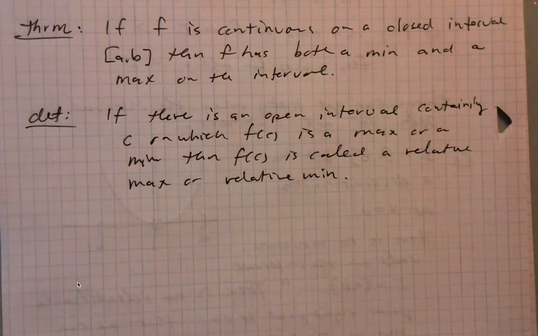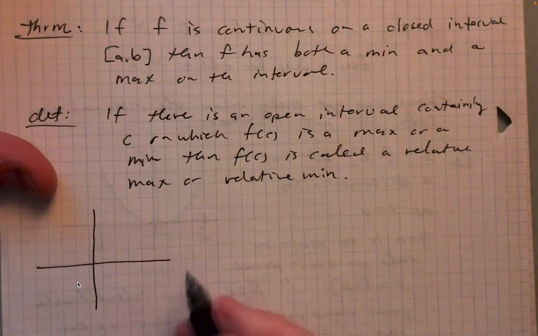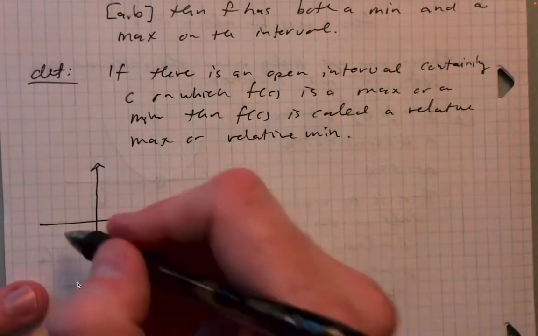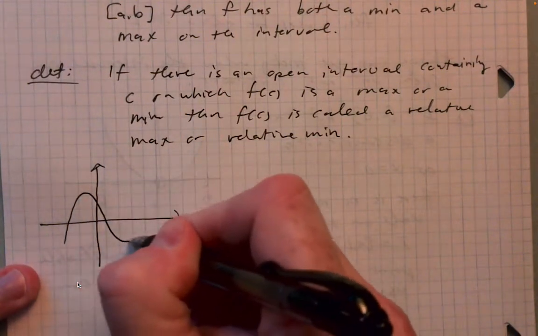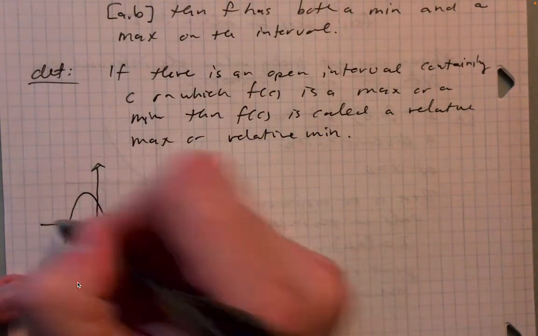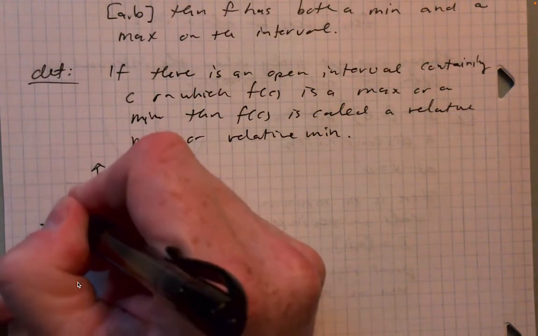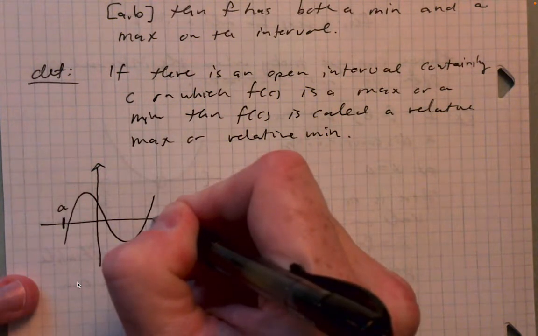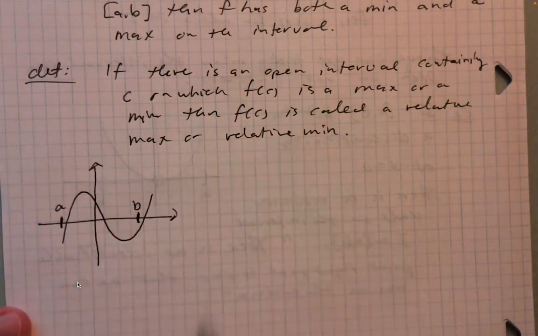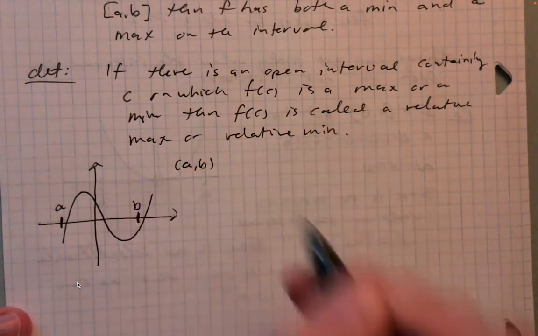Okay, so let's just draw a picture first just to make this really clear. So here's my xy plane, and let's say I have a function that kind of does this. Let's put my a right here, and we'll put my b right here. Remember now, this is an open interval a, b.